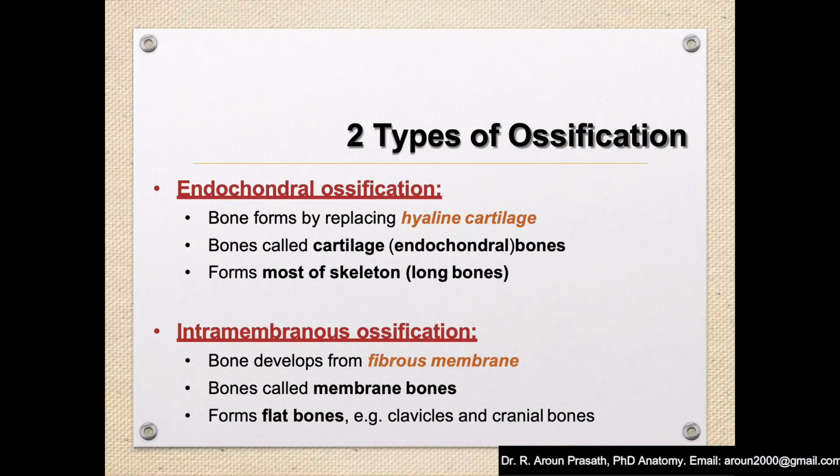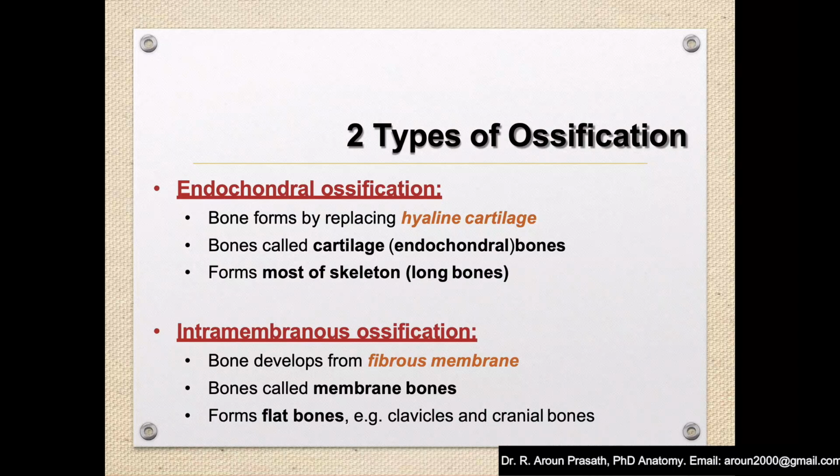As far as endochondral ossification is concerned, bone forms by replacing hyaline cartilage, and these bones are called cartilaginous bones, and it forms most of the skeleton. All the long bones are formed by endochondral ossification.